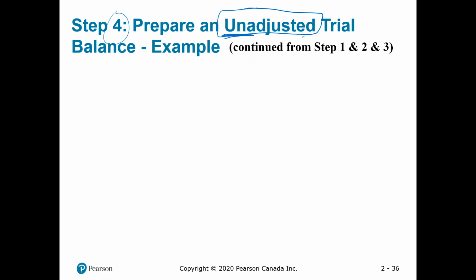They're not included in there, but it's the same idea. So when you prepare these, you would give it a name, just like you did the financial statement. So you'd put the name of the company. You'd note that this is an unadjusted trial balance, and we put the date, just like we did with the financial statements. So this is at September 10th, 2020, because we posted all of our transactions up to that date.